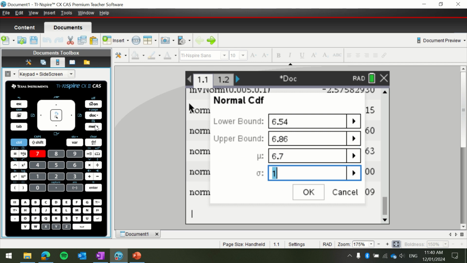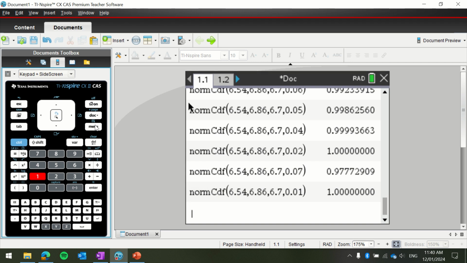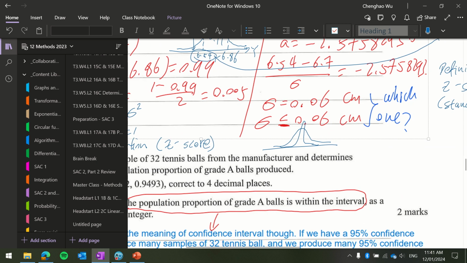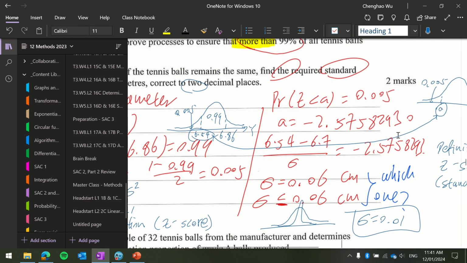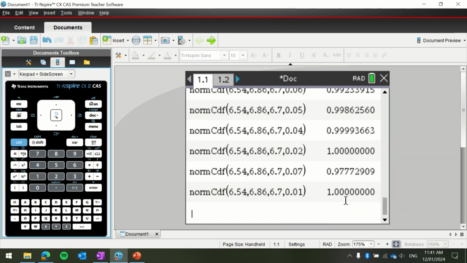And if I just guess a standard deviation, like this, and it gives me more than 99% of balls being grade A, I can just write it down without working, right? I can just write down 0.01, and it's correct. This standard deviation gives me the required amount of balls within grade A.